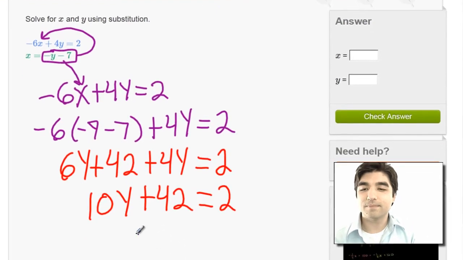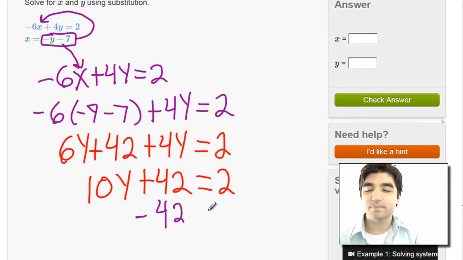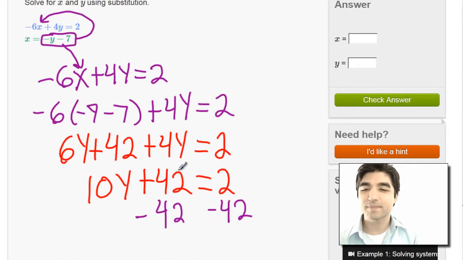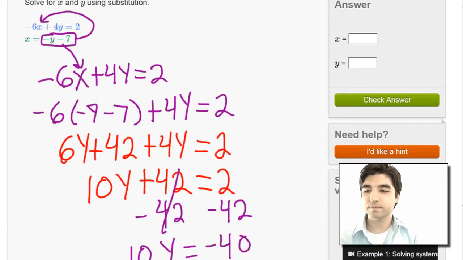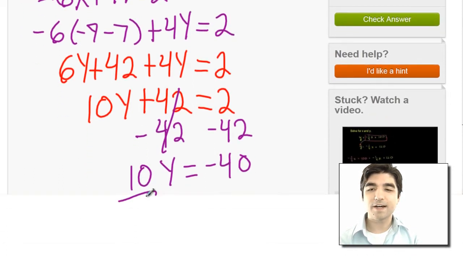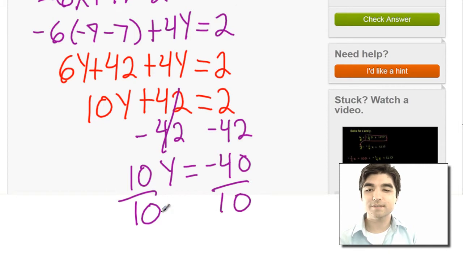And then we got minus 42, minus 42. Is that right? Yeah. Okay, so that crosses out. Then we got 10y equals 2 minus 42, which equals negative 40. Then we divide by 10, and y equals negative 4.